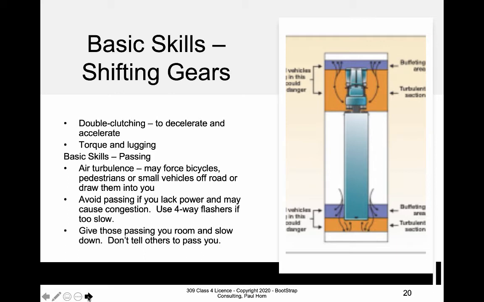Some vehicles have a button that you can push called overdrive, and many of my students think that this makes their vehicle go really fast. But overdrive is actually more about saving gas than it is about anything. It's meant for when we're driving at a highway speed on a relatively flat road. We don't need a lot of responsiveness in the gas pedal to the wheels when we do that.